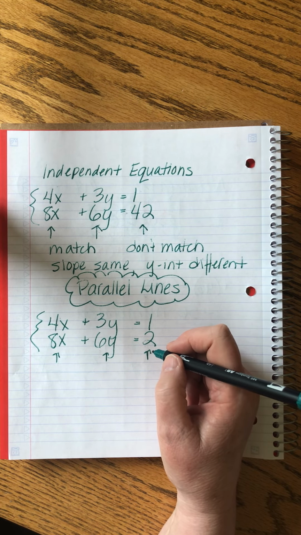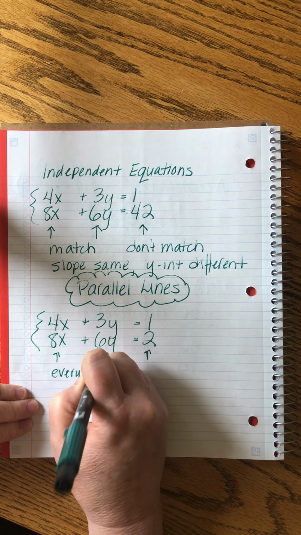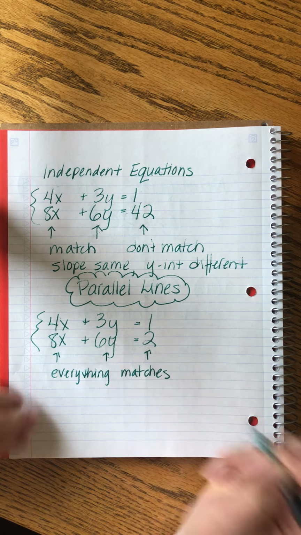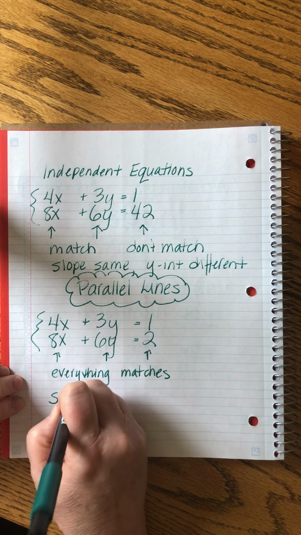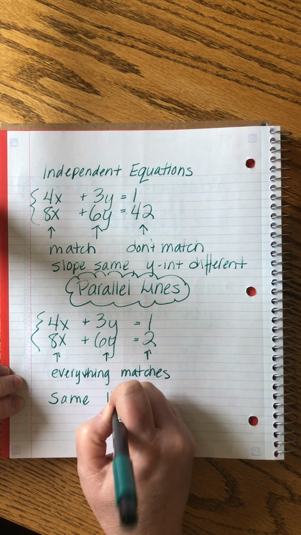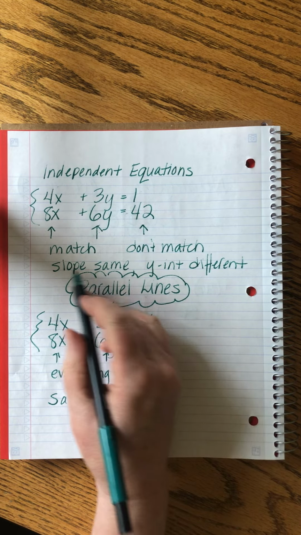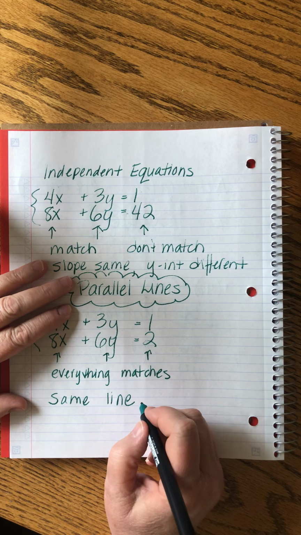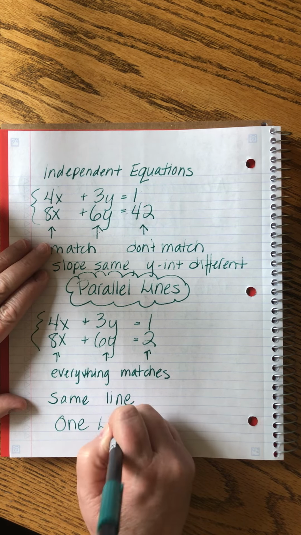I mean that there's a relationship. That means that what we have here is the same line. And it's not that the slope is the same and the y-intercept is the same. The line is exactly the same. So it's really just one line.